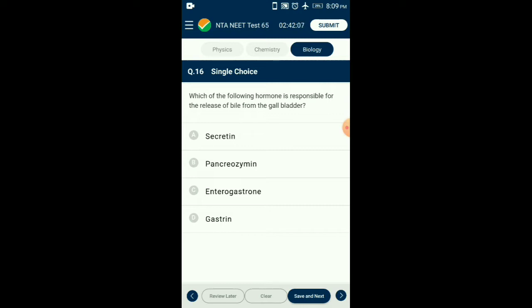Its primary function is to store and concentrate bile, a yellow-brown digestive fluid produced by the liver. Cholecystokinin is secreted by cells of the upper small intestine. It is secreted when hydrochloric acid, amino acids or fatty acids enter the duodenum. So the answer for this question is option B, pancreozymin.